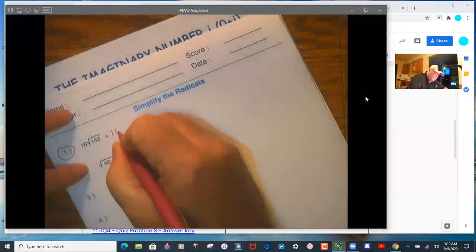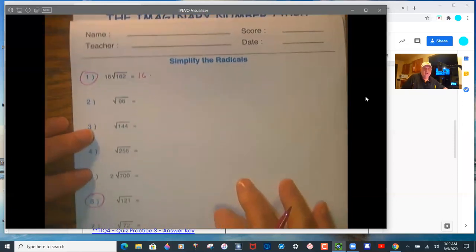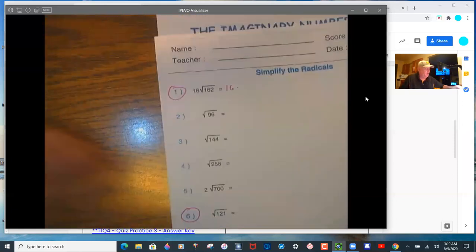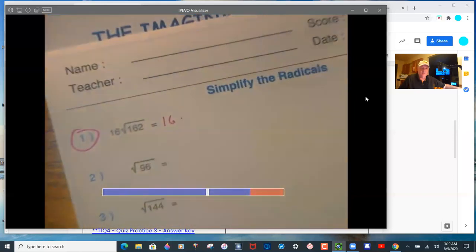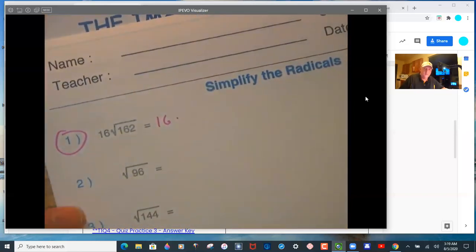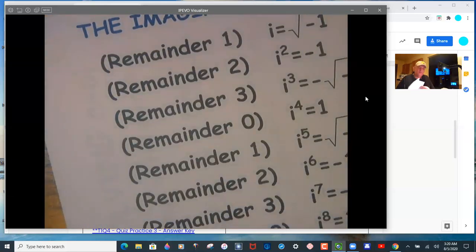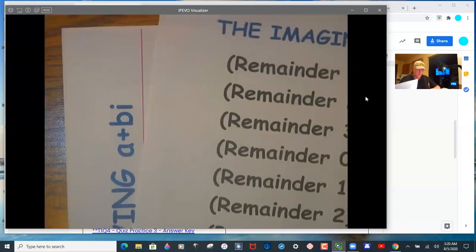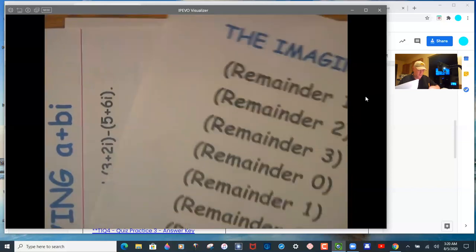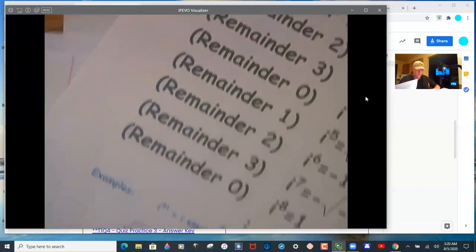So you want to figure out, in any square root that you're reducing, what is the largest perfect square that will go into the problem.